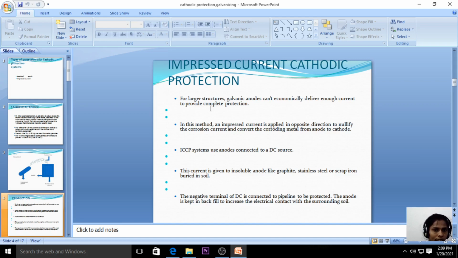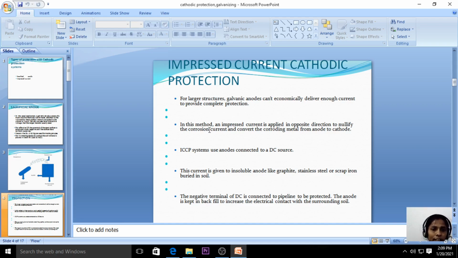We know that sacrificial anodes give current when we place them in the field, but that current is not sufficient for the largest structures. So for larger structures, we can't use sacrificial anodic protection. Instead, we use impressed current cathodic protection.